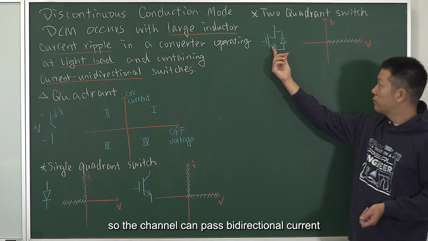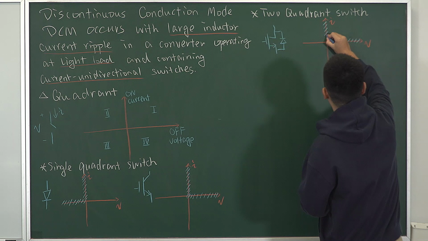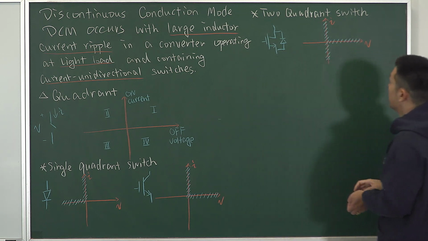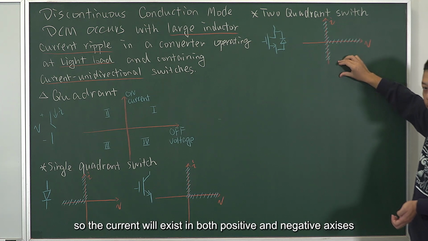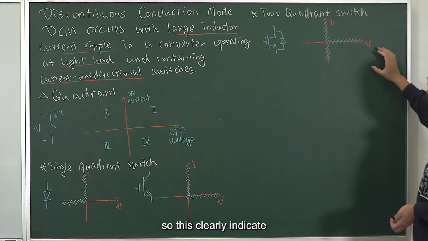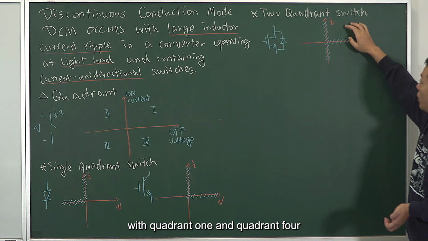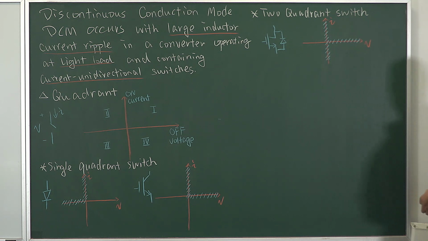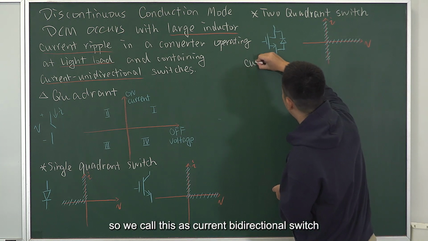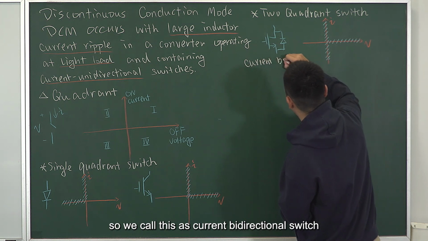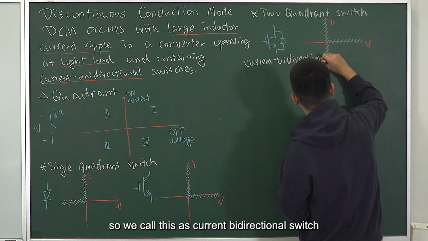The channel can pass bidirectional current, so the current will exist in both positive and negative axes. This clearly indicates the power MOSFET is a 2-quadrant switch with quadrant 1 and quadrant 4. We call this a current bidirectional switch.